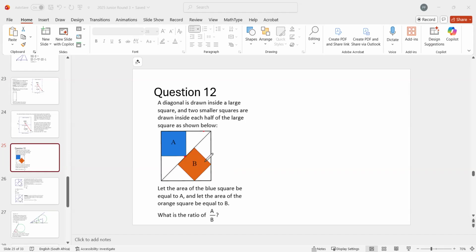Okay, so now the question is, if the area of the blue square is A and the area of the orange square is B, then what is the ratio of A is to B? So that's the question.